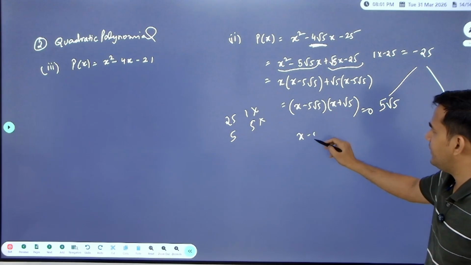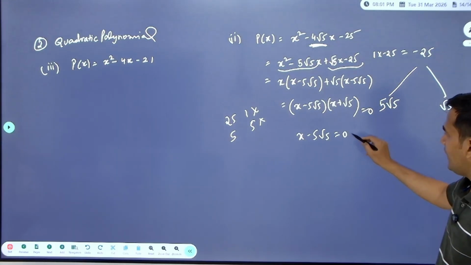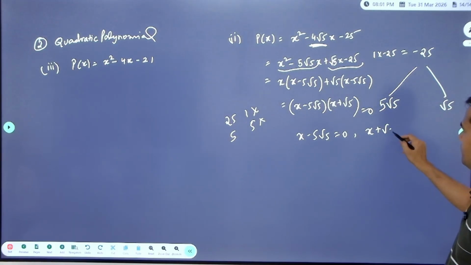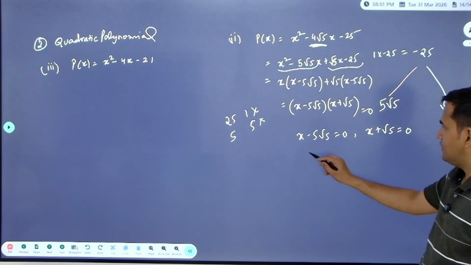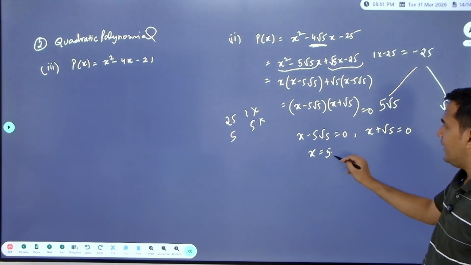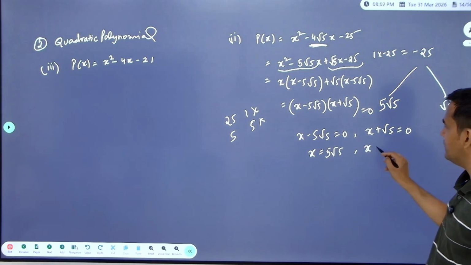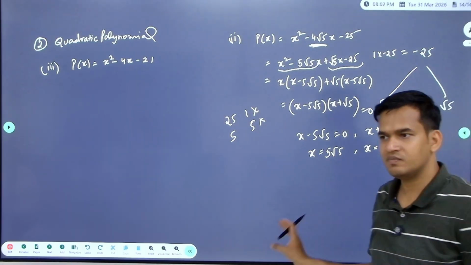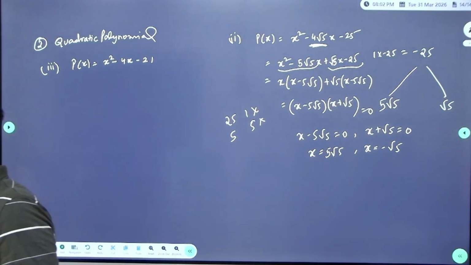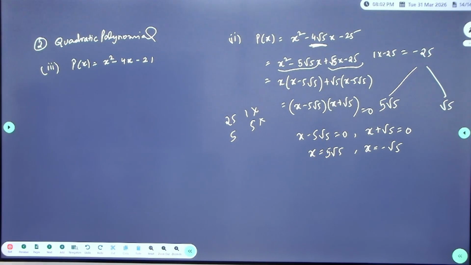So x minus 5 root 5 is equal to 0, comma, x plus root 5 is equal to 0. So you will get x equal to 5 root 5, comma, x equal to minus root 5. Got it? Any doubt? Plus 7 and minus 3. Correct.